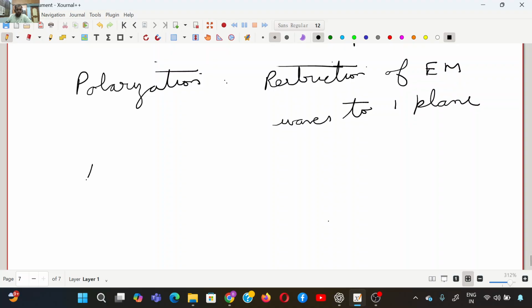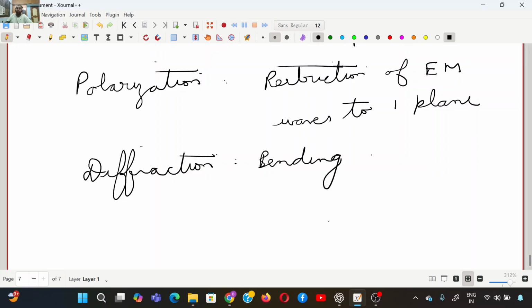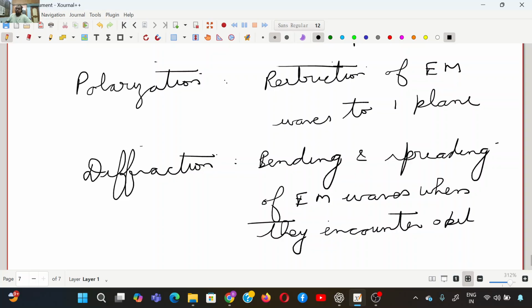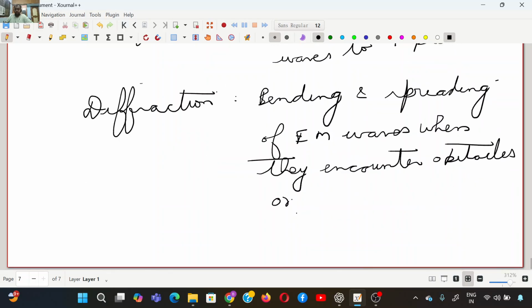What is diffraction? Bending and spreading of EM waves, electromagnetic waves, when they encounter obstacles or slits.